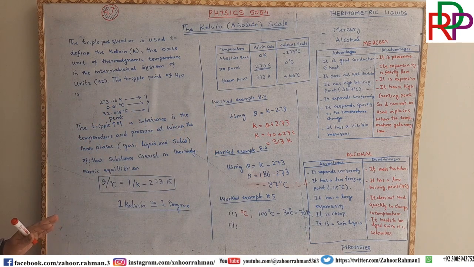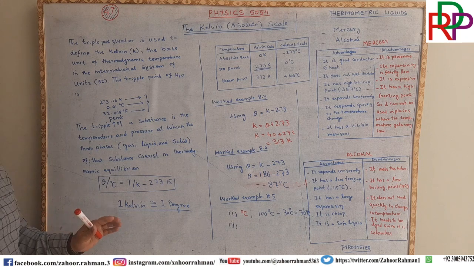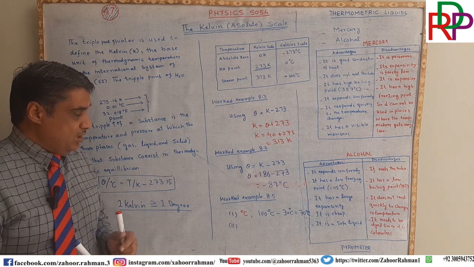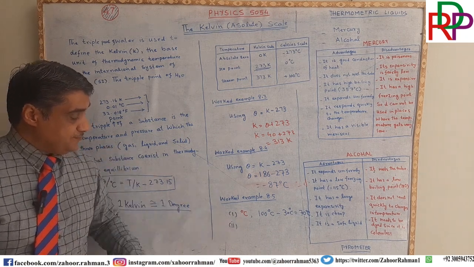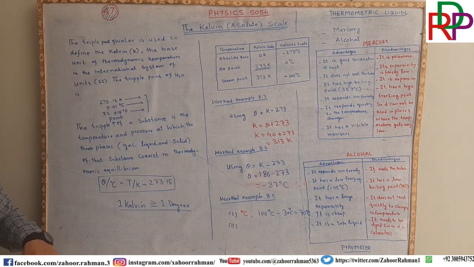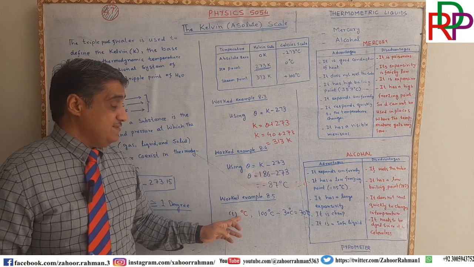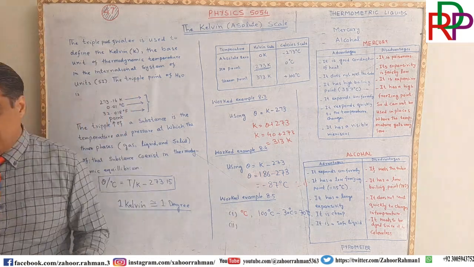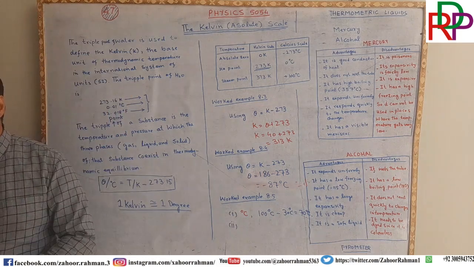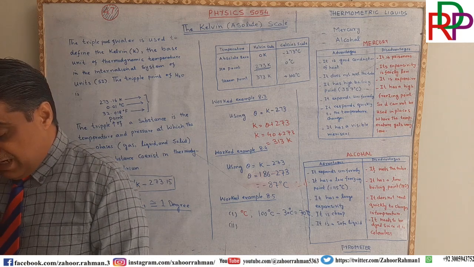That is easy. They want us to calculate the change in temperature first in Celsius. Both are given in Celsius, so we will subtract the smaller value from the larger value.